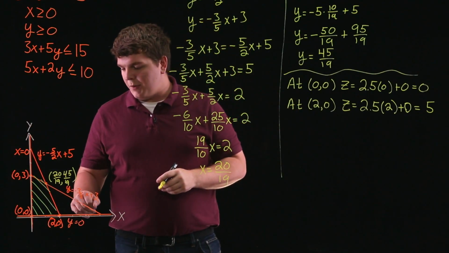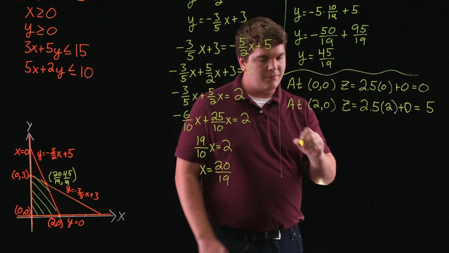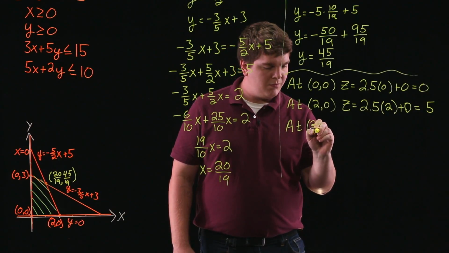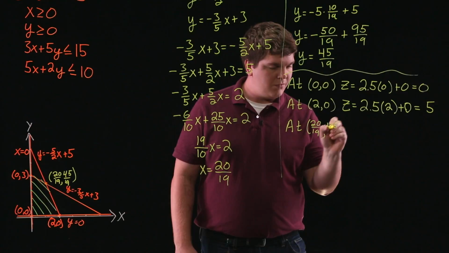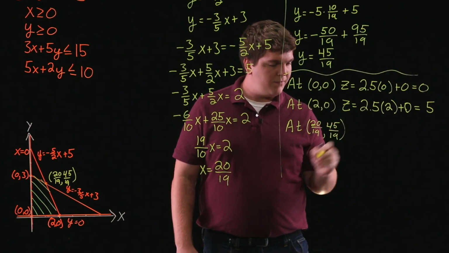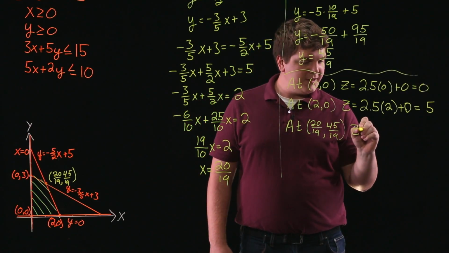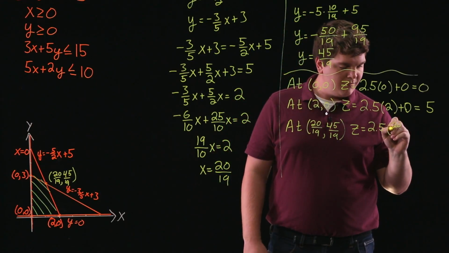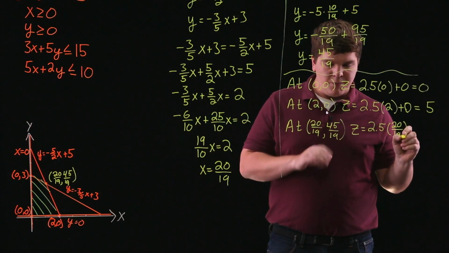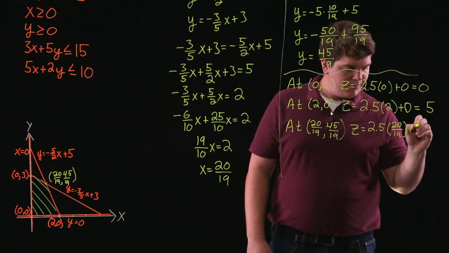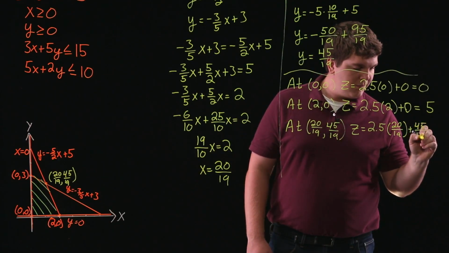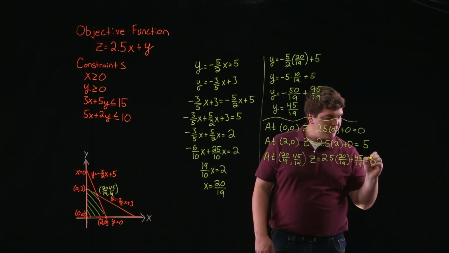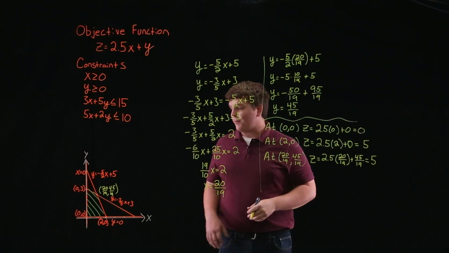Next, let's look at the point (20/19, 45/19). Here we have z is equal to 2.5 times 20/19 plus 45/19. Now I've worked this out beforehand, and I know that this is equal to 5, but you can check this on a calculator.